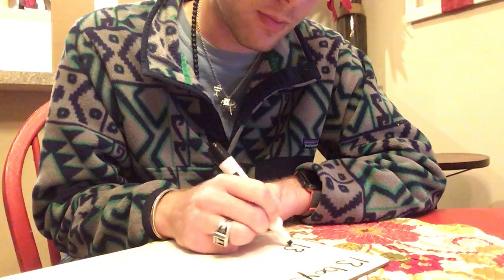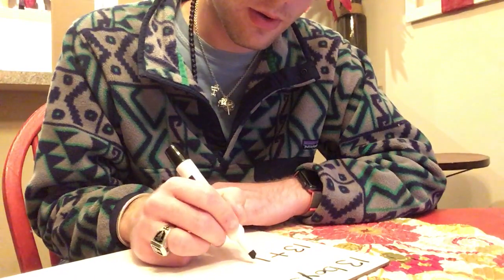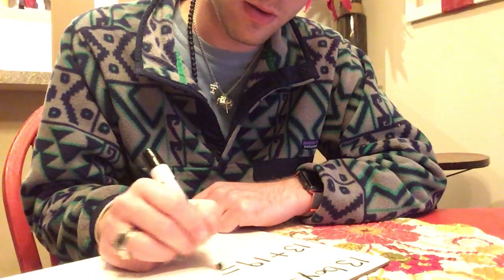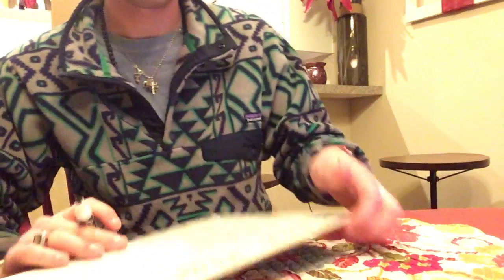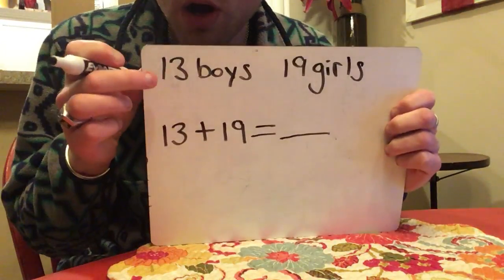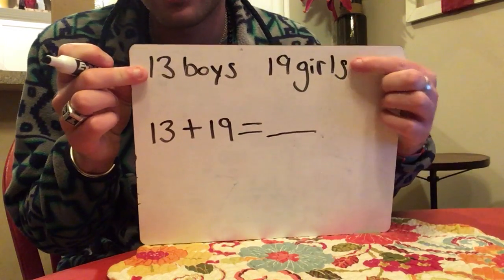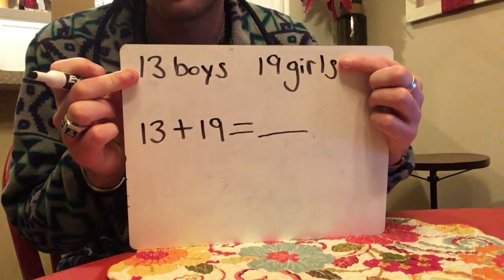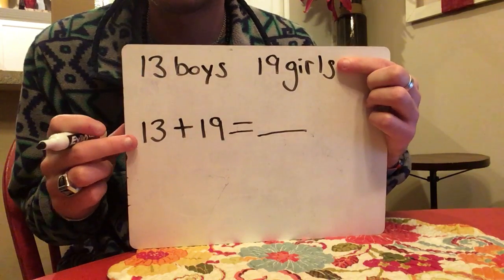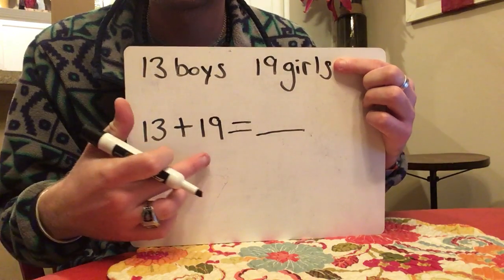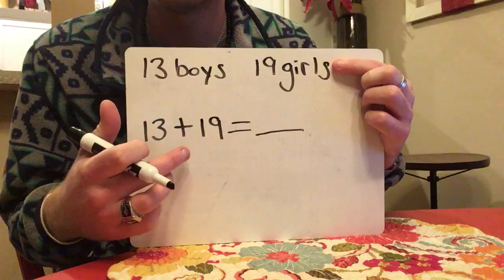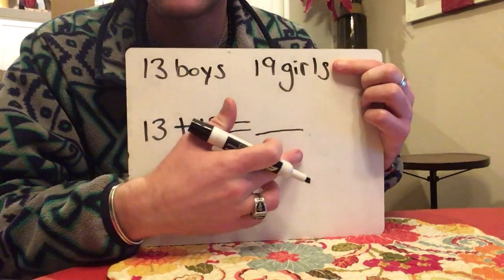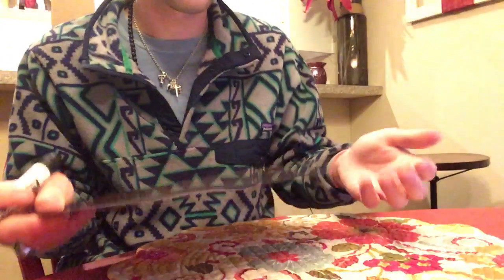So we have our part of the boys and our part of the girls, and we need to know the whole total of students. So I just set this up as 13 plus 19, which is our 13 boys plus our 19 girls, will give us how many total students.